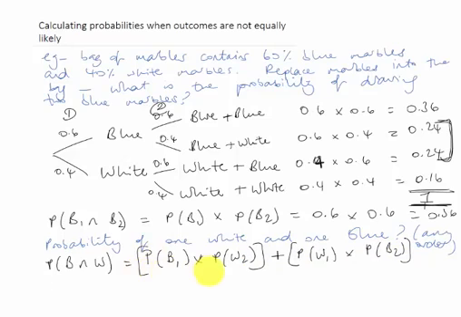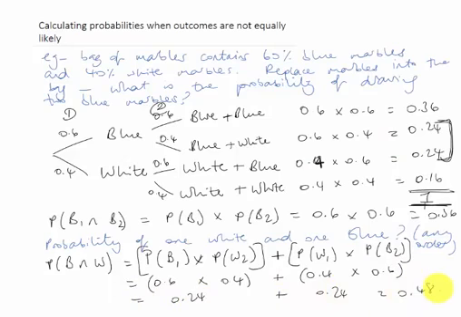That would be 0.6 times 0.4 plus 0.4 times 0.6. This is just the same as was happening up here. So that's 0.24 plus 0.24, or 0.48.